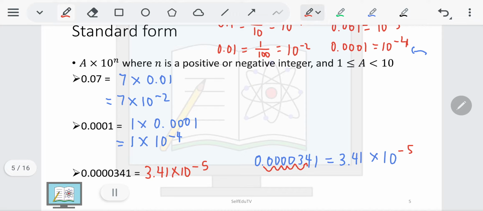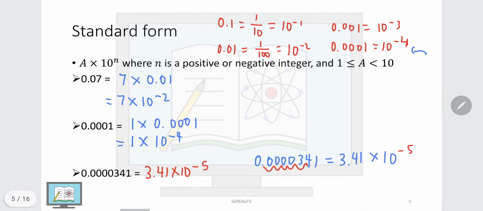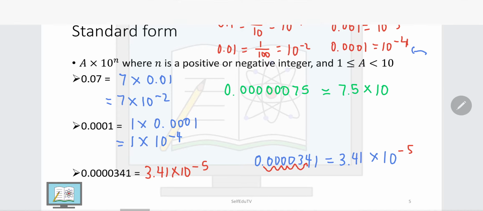Okay, another example. How about this value? To change it to standard form, we know that a must be 7.5, multiplied by 10 to the power. Now we need to find the power.